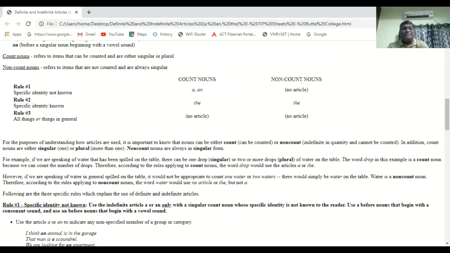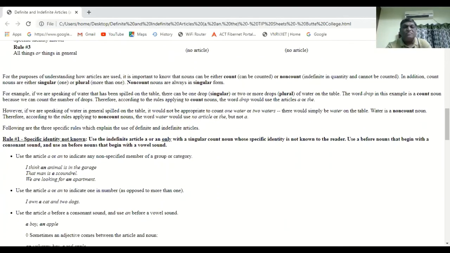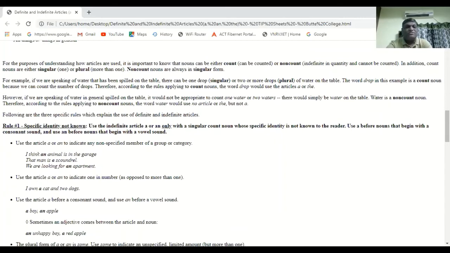Whereas the can be used before countable nouns and also uncountable nouns. So for the purpose of understanding how articles are used, it's important to know that nouns can be either countable or uncountable, that is singular and plural. That is very important for us to understand.